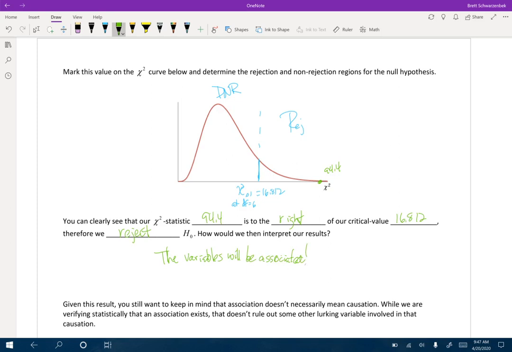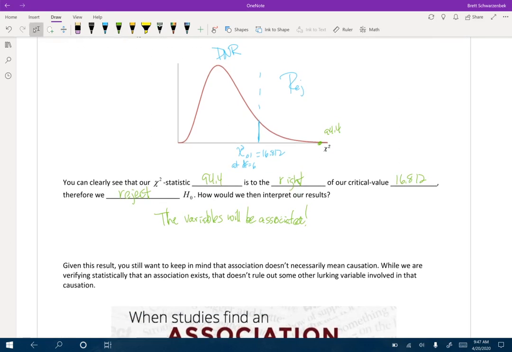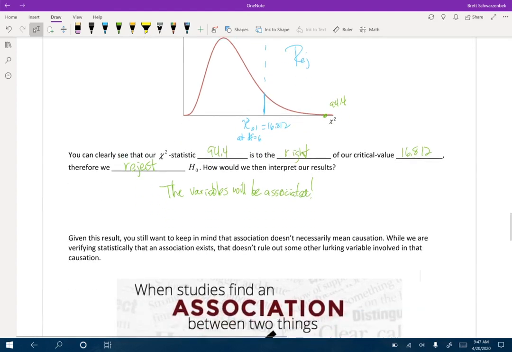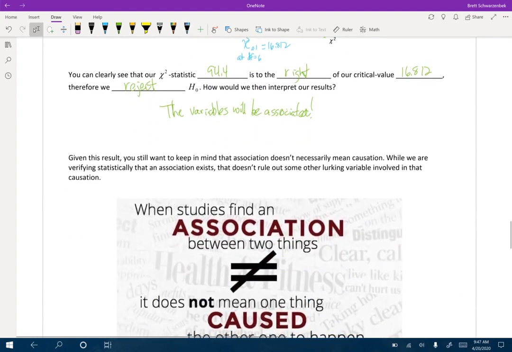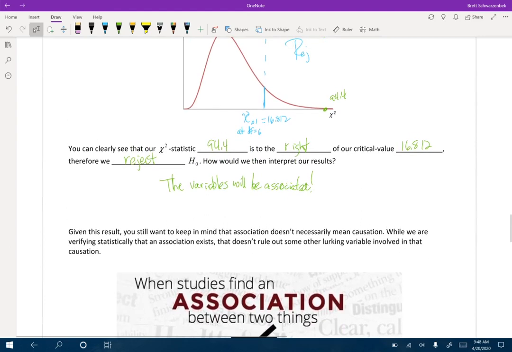Okay, and of course you might be asked. You usually aren't in this remote setting, but basically you would say we reject H naught. It provides evidence at the alpha level that the variables are associated. But that's the conclusion we're coming to when it comes to our problem itself. And of course the p-value method is fine.